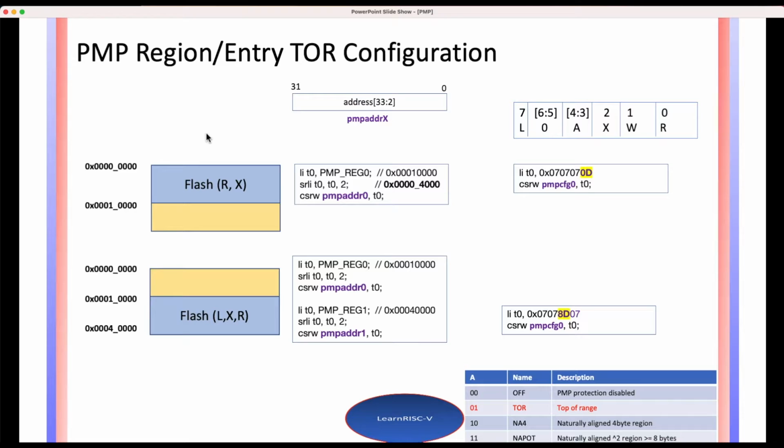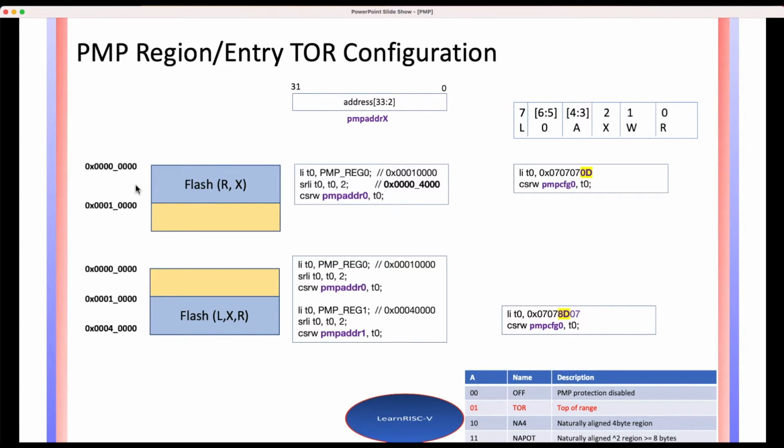Okay, so this is another example, for top of the region configuration, and I have taken 2 examples. The reason is, if the first region, PMPADDR0, is configured as top of the region, then whatever address is given would be considered the top address, and the lowest address would be considered as 0.